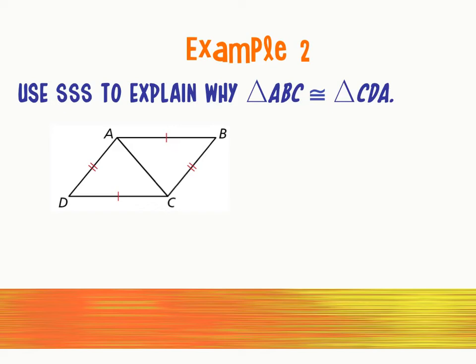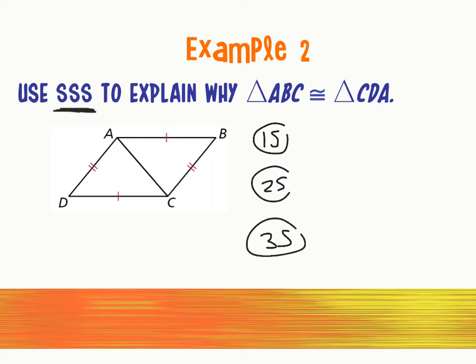Again, when we're using side, side, side, we need to have 3 pairs of sides that are congruent. So we have 1 side, 2 sides, and 3 sides. So we're going to have 3 pairs of sides that are congruent. First, it's given, let's look where we have 1 tick mark, that AB is congruent to DC. That's given to us.